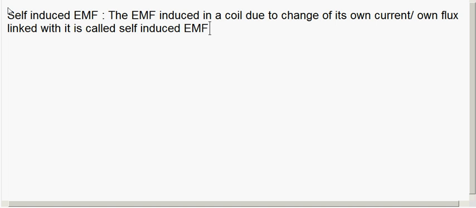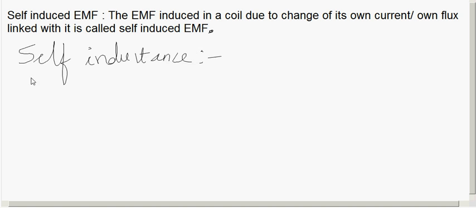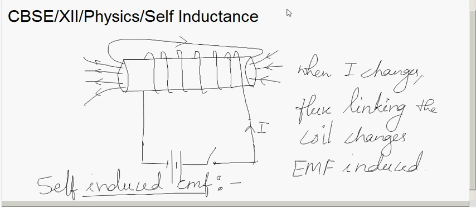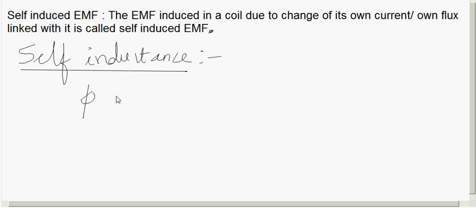Next we will see what is self-inductance. Now when the EMF gets induced, we know the flux which links the coil is directly proportional to the current I. Why?